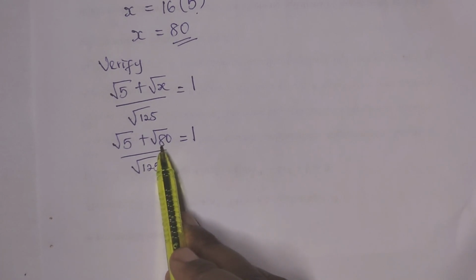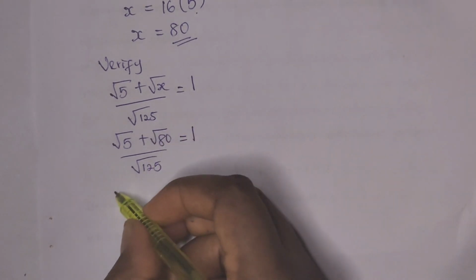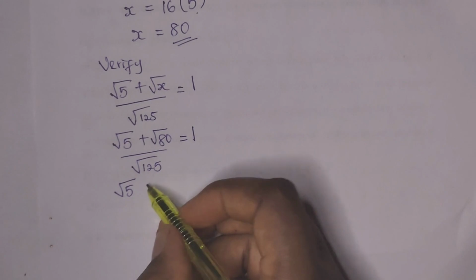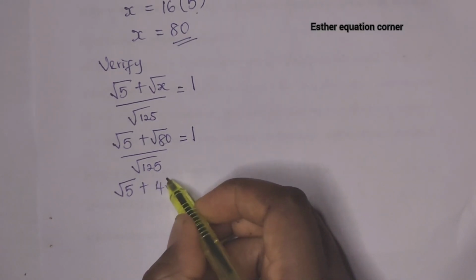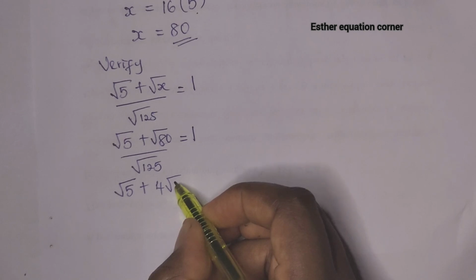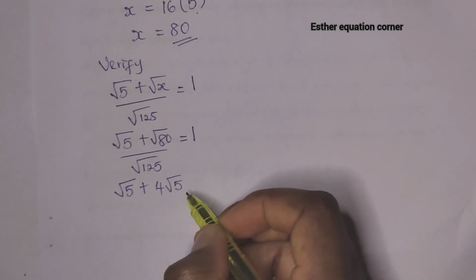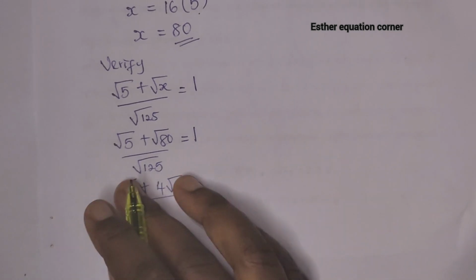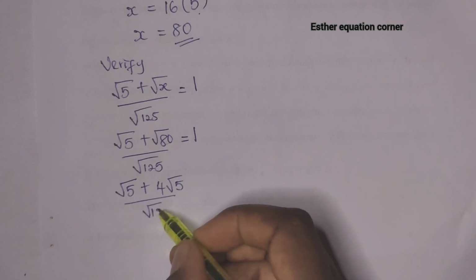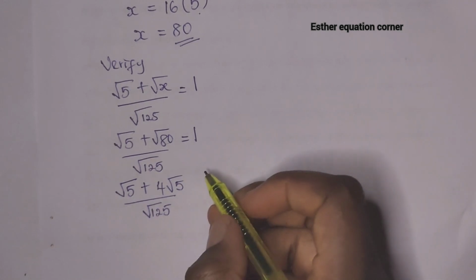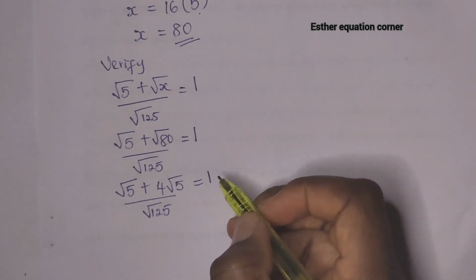So root 80, this is root 5 plus root 80, is the same as 4 root 5 all over root 125 equal to 1.